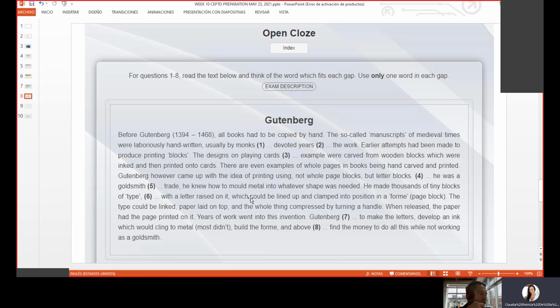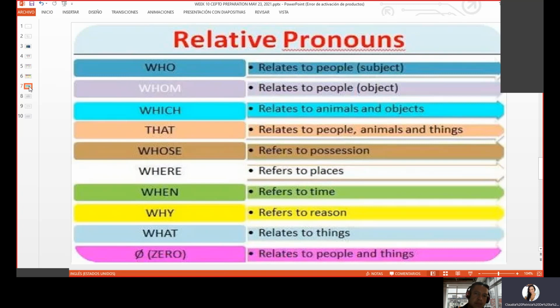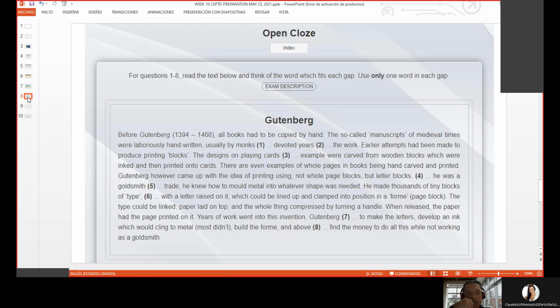Do you want me to show you the list of relative pronouns? Okay, let me check. It is that. Okay, it can be that. What is another possibility?